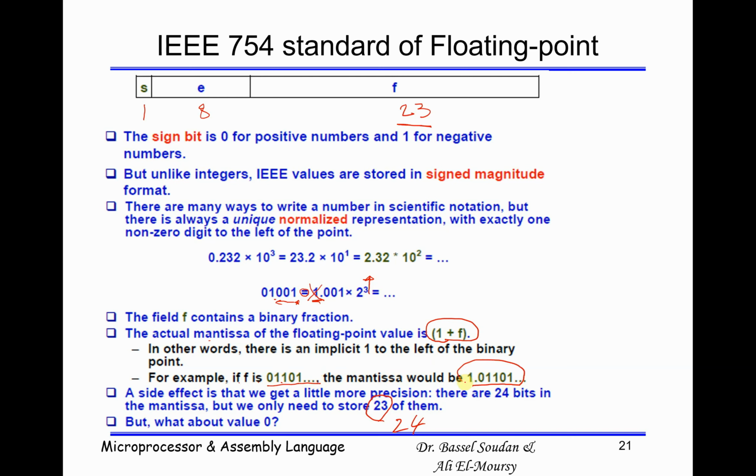This is the original number here. If this is the number stored in the floating point, I have to return the missing 1 as we did here. But this is the first thing: the mantissa should be normalized, as we indicated right now. The second thing is the biasing.